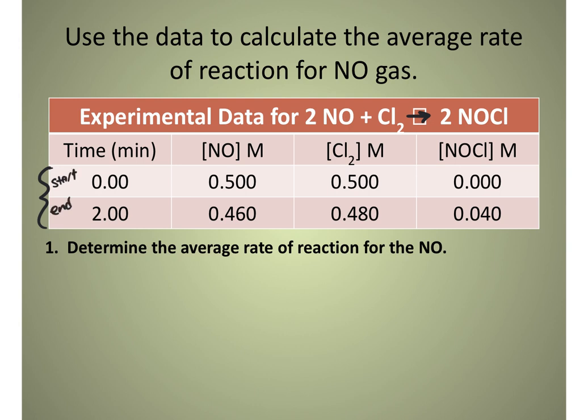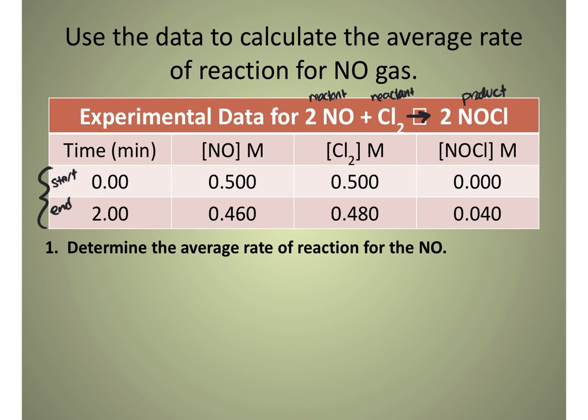You notice that in this chemical equation, the NO is a reactant, the Cl2 is also a reactant, and then our product is NOCl. And as you can see, when we go through 2 minutes of time, the two reactants get used up. We run out of some of them. And what happens to our product? It increases. So just keep that in mind as we go through this problem.